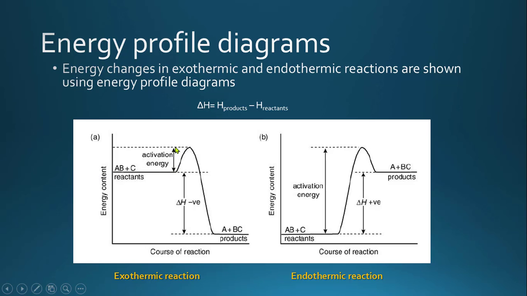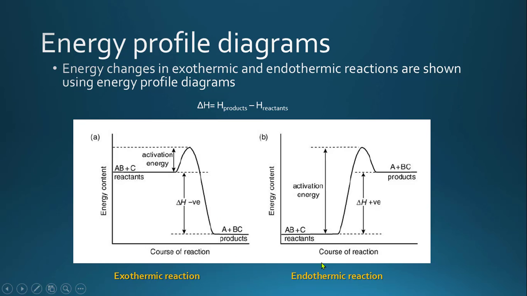It gains energy, activation energy, and then it loses a lot more than what it had before. So the change here, this loss of energy, makes enthalpy change negative. A negative enthalpy change would mean that heat is released to the surroundings and the temperature of the system will increase.